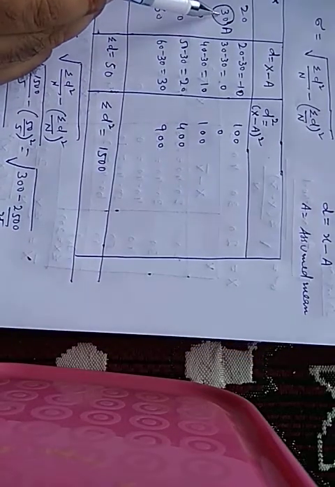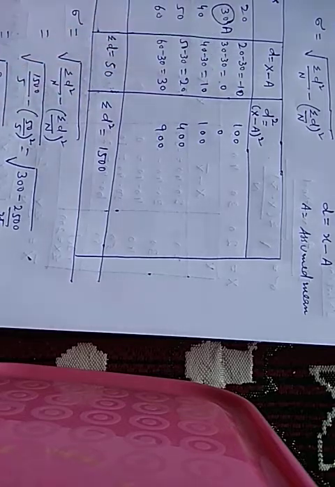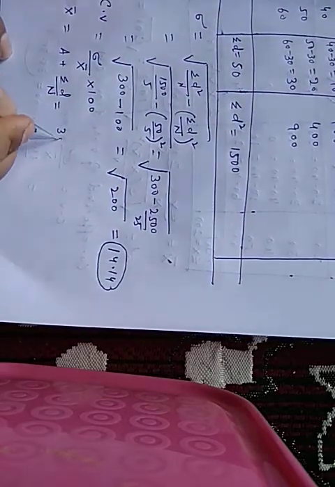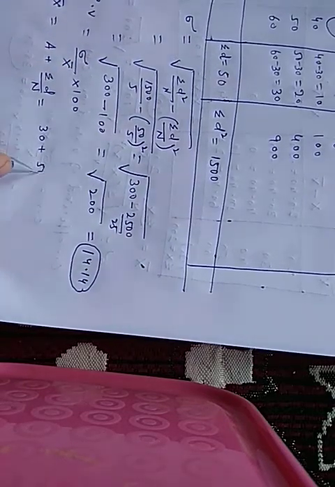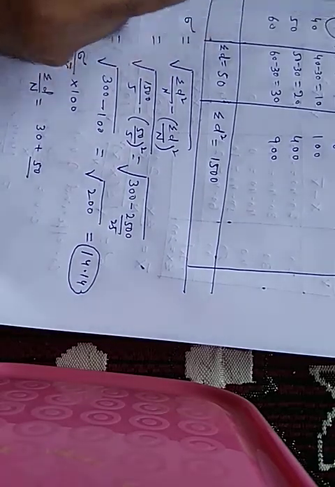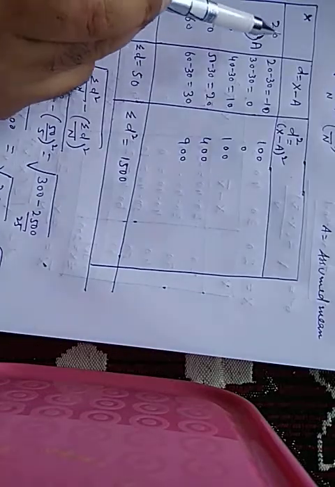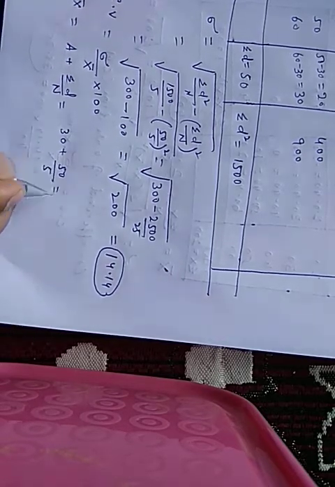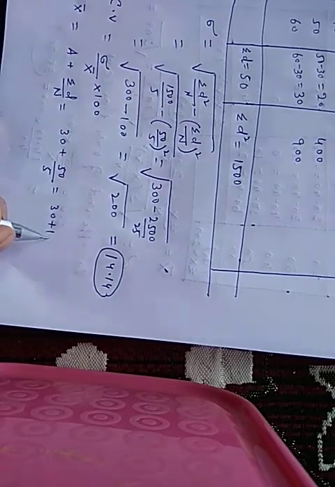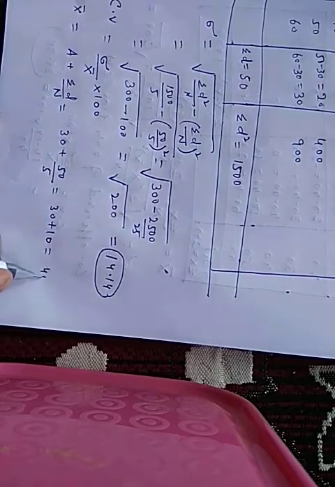Assumed mean, which we have taken, is 30, plus sigma d, which is 50, divided by n, which is 5: 1, 2, 3, 4 and 5, number of observations, number of items in a given series. It is equal to 30 plus 50 divided by 5, which is 10. It will be equal to 40.